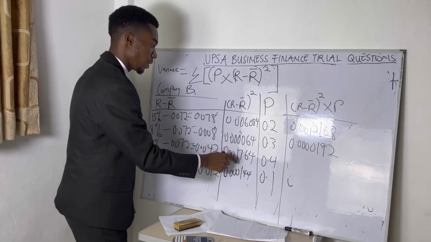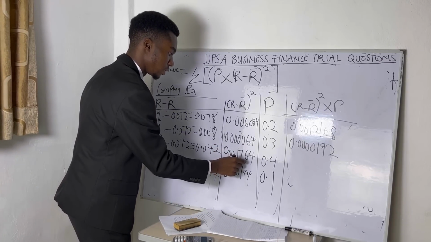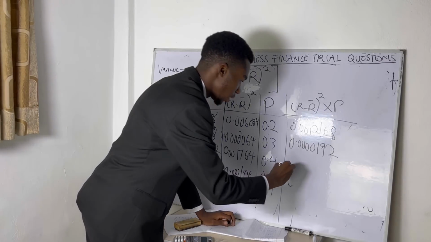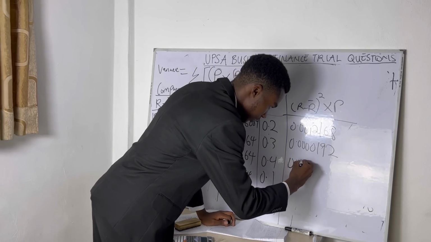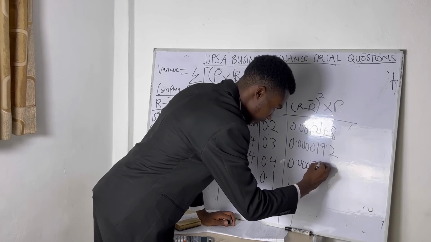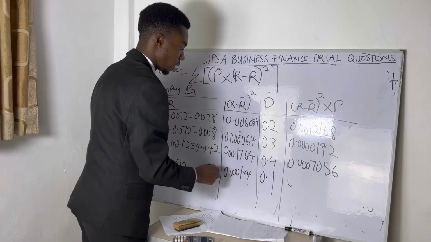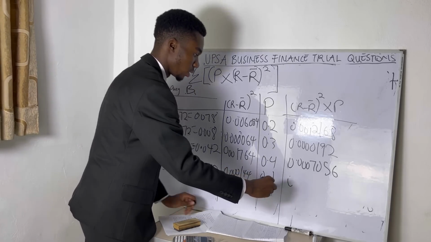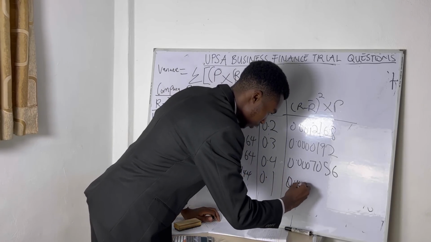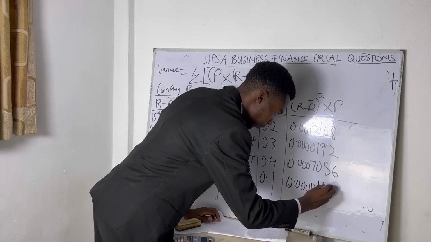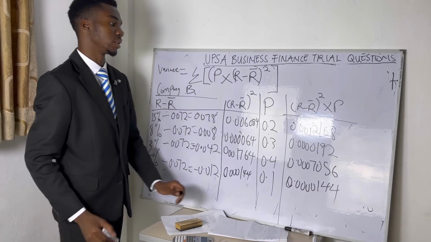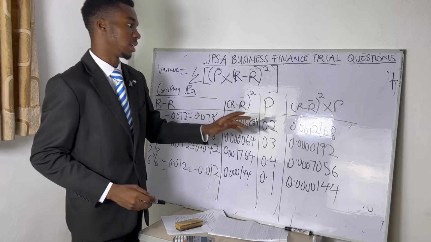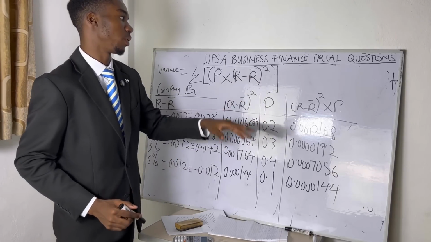Then 0.001764 times 0.4 gives 0.007056. Then for the last one, 0.000144 times 0.1, we should be getting 0.0000144. So those are the values for the returns minus the expected return, squared, times the probability.